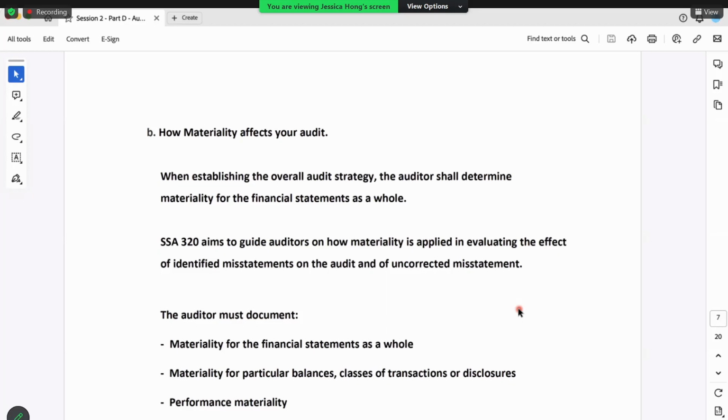Sometimes the question wants you to define the materiality. Sometimes, based on different types of materiality, they will ask you to identify from the case study. So in the exam, when you read the case study, you need to pay attention to what is expected from the questions that will be asked.